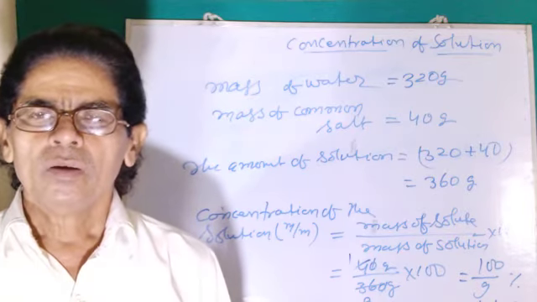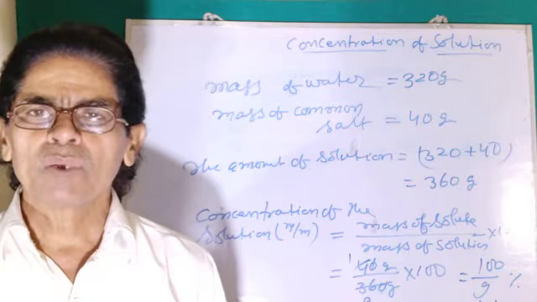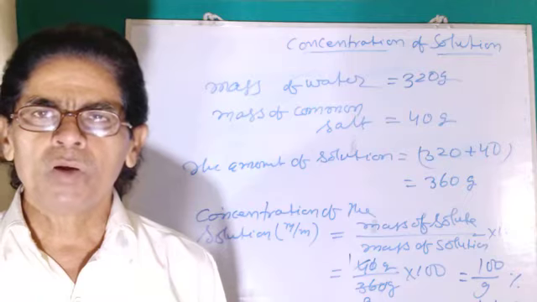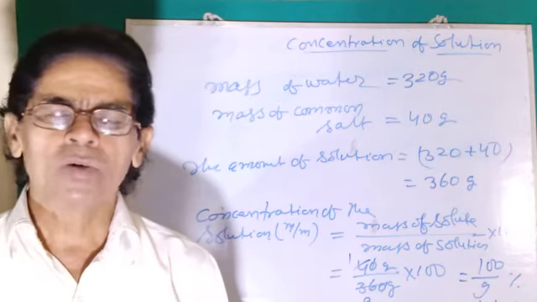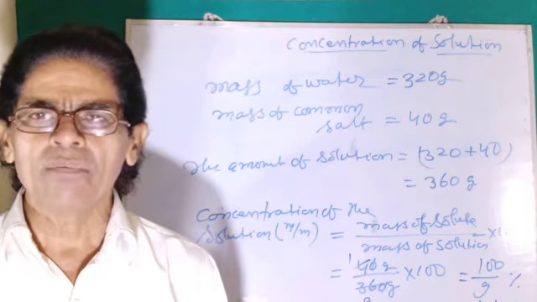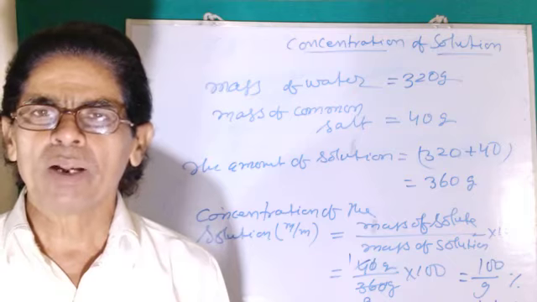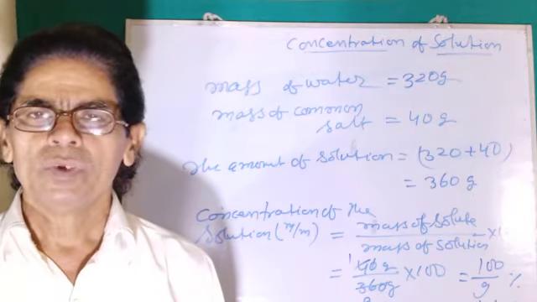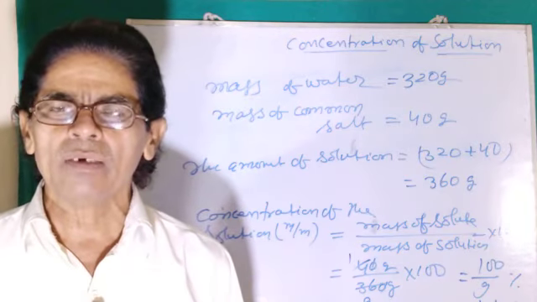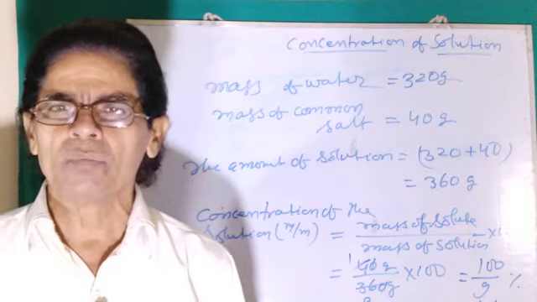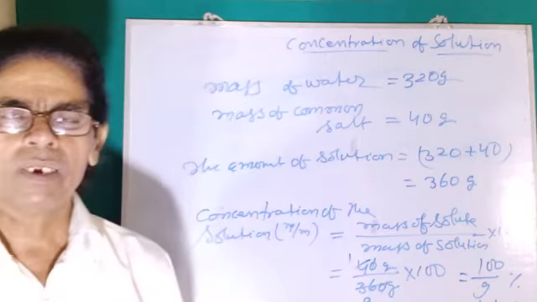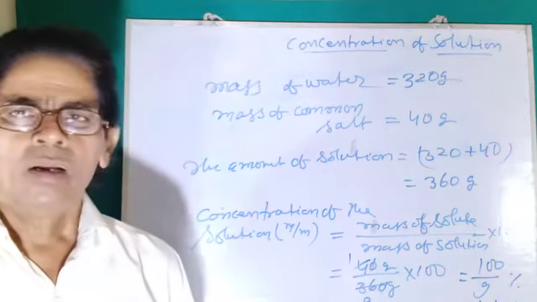When we filter the suspension through the filter paper, the solute particles do not pass through the filter paper. Means they are left behind on the filter paper as a residue. So size of the suspended particles are much larger than the size of the pores of the filter paper. That is why they get settled on the upper surface of the filter paper.